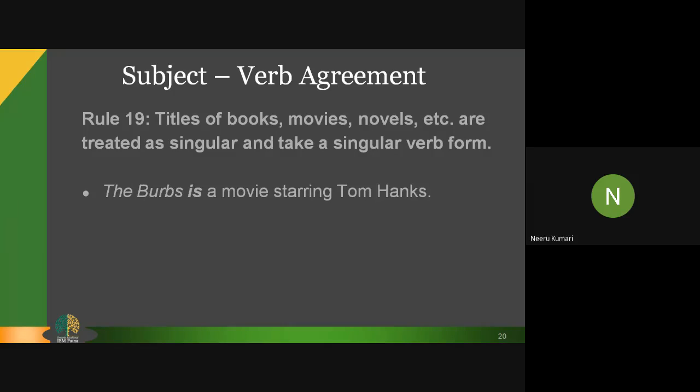Though you have read and memorized all the rules, if I am talking to any student who has pursued BBA or BCA, they will always say, ma'am, I know the grammar rules. Of course, dear, you know the grammar rules, but the problem is when you cannot identify what to apply where. All right, so keep this in your mind.